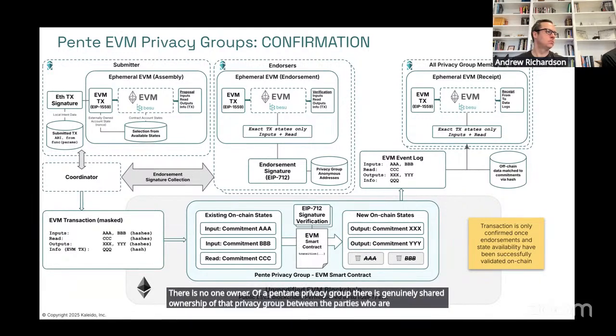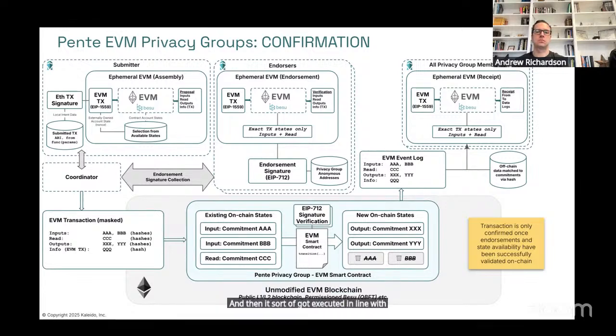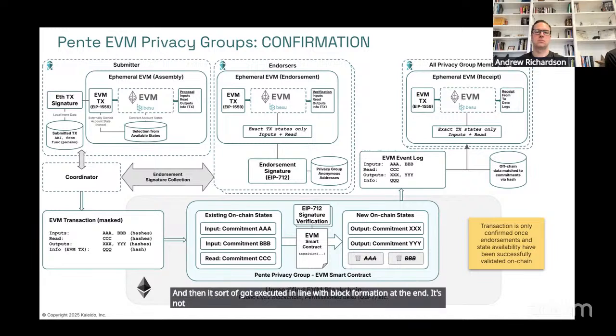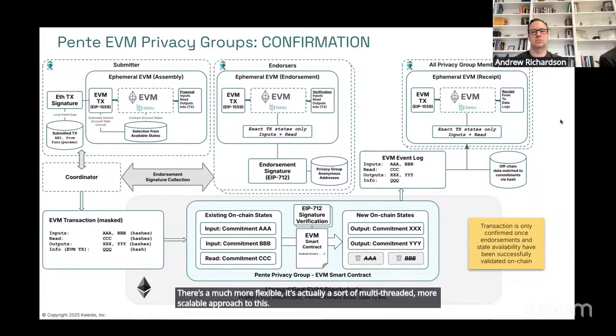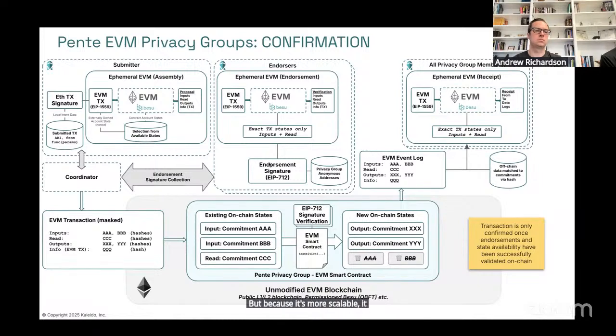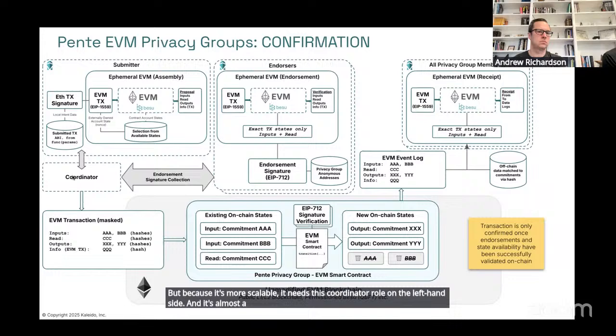But this system works a very different way to, if you're familiar with Constellation, which didn't change when we got to Tessera. In that world, everybody pre-ran it, and then it got executed in line with block formation at the end. It's not that same model. This is a much more flexible, multi-threaded, more scalable approach. But because it's more scalable, it needs this coordinator role on the left-hand side. It's almost a little bit like blockchain consensus. It's not.